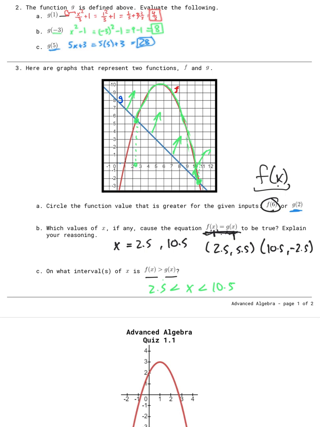So f is above it all in here, and below it anytime we're down here. Let's do this in yellow. Anytime we're down here, it's below it, and so those x values are out here and out here. So we just pick the x values. When f is greater, it goes from there to there.